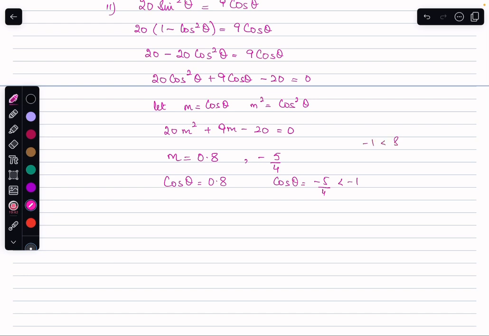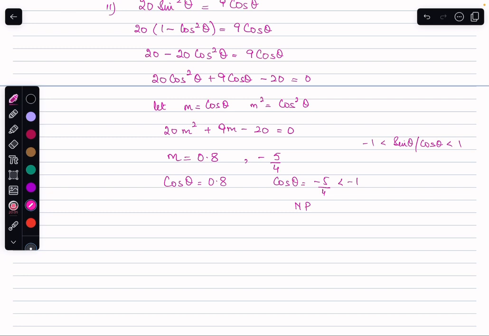Whether it's sin theta or cos theta, they have to be in the range of negative 1 to 1. So any value less than negative 1 or greater than 1 is not possible for sine and cosine ratios. So cos theta equals negative 5 by 4 is not possible.